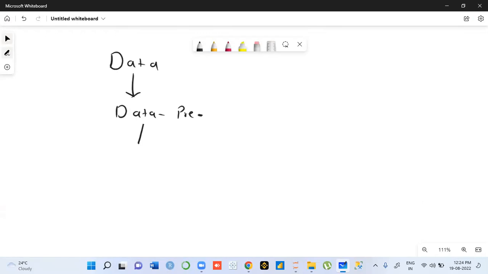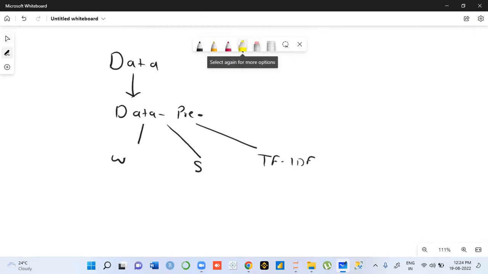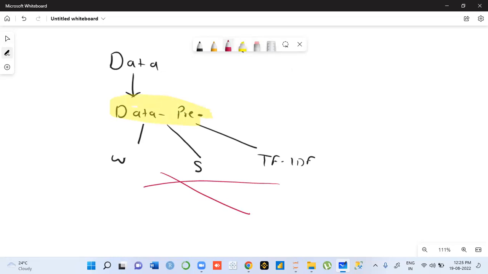After that, you have to decide: should I go for word cloud? Should I go for sentiment? Should I go for TF-IDF? If you do not perform this, all your answers will not be accurate. So data pre-processing is a mandatory step in NLP. Clear? Any question you have in your mind, please ask.